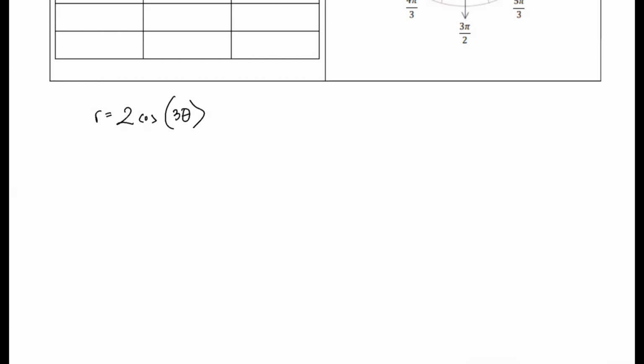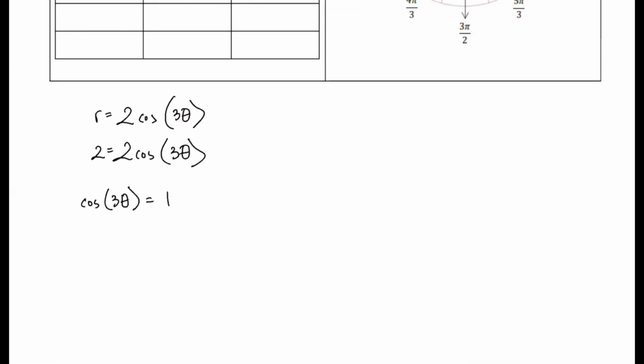We're going to say, well, the end is going to be at the second circle out. So we're going to replace r with 2. Perfect. Okay. Now we're going to do the same thing we did before. We're going to isolate our cosine, and then we get 2 divided by 2, which gives us 1.